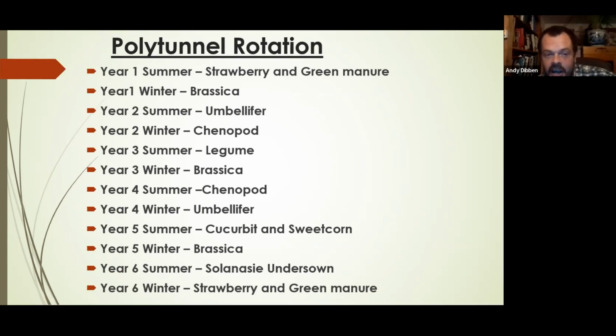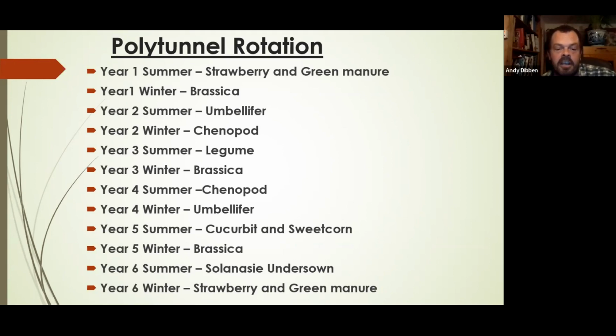And then we're into spring greens, bunch turnips, radishes, more spinach in the summer, so that'll be early season tree spinach and leaf beets. And then we go into a winter of umbellifers, so that's corianders and parsleys. And then we go into a summer of cucurbit and sweet corn.